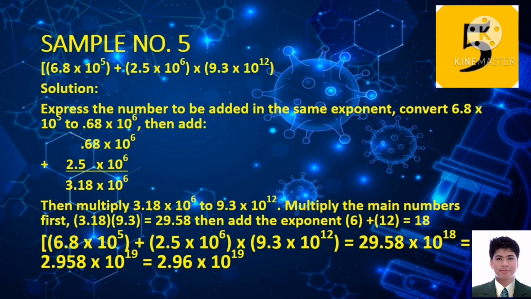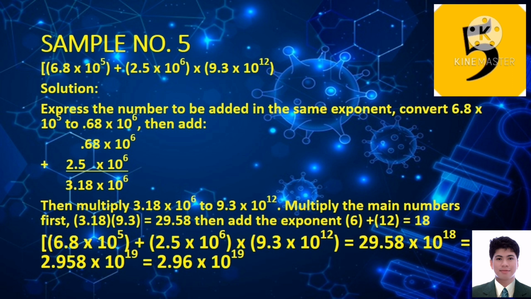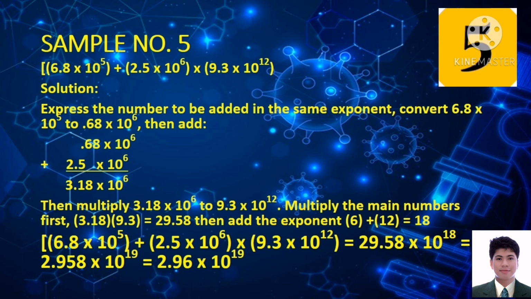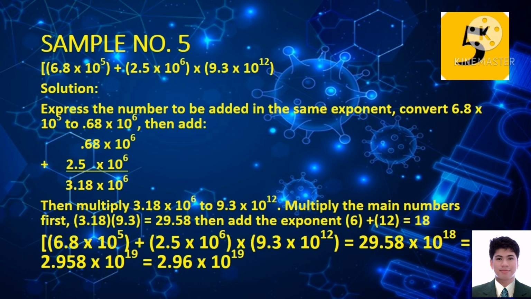Multiply 3.18 times 10 raised to 6 by 9.3 times 10 raised to 12. Multiply the main numbers first. 3.18 multiplied by 9.3 equals 29.58.